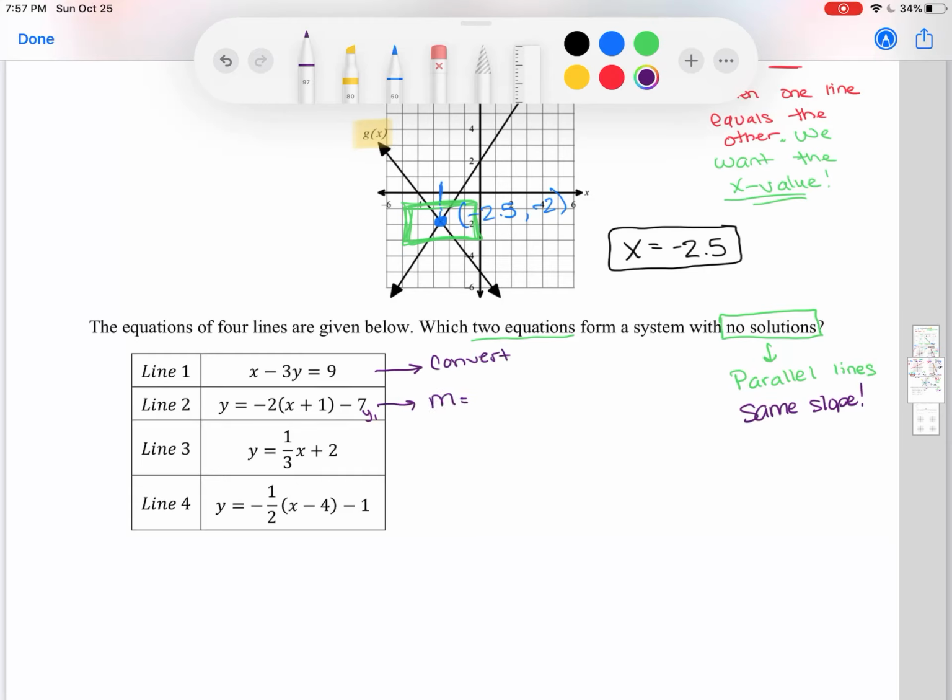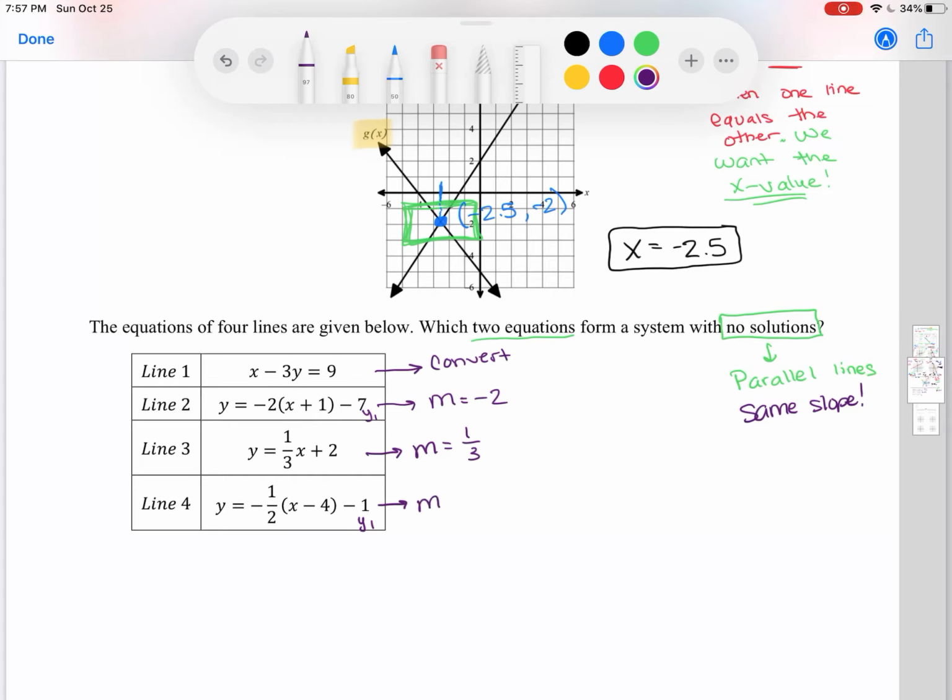So maybe we don't have to convert in case one of them's already the same. So in line 2, we would consider this to be in point slope form. Okay, our y1 just got moved over to the right side, but technically that -7 is our y1. But our slope is in front of those parentheses, and we have a -2. We're just identifying our slope right now so we can tell which ones are the same so we can answer the question. Line 3, we have it in slope-intercept form. That's very nice. So I know I have a slope of 1/3 already.